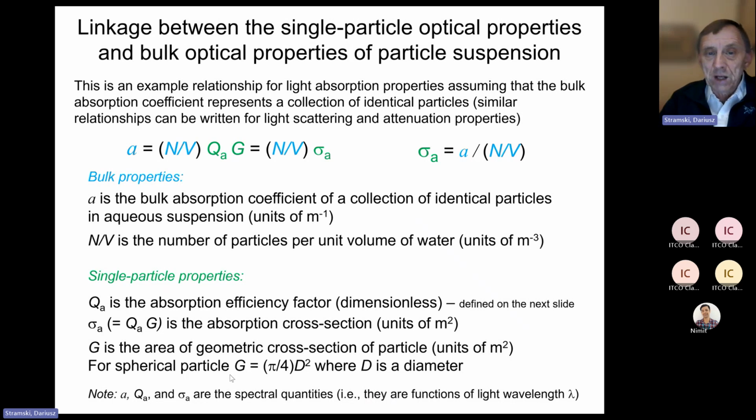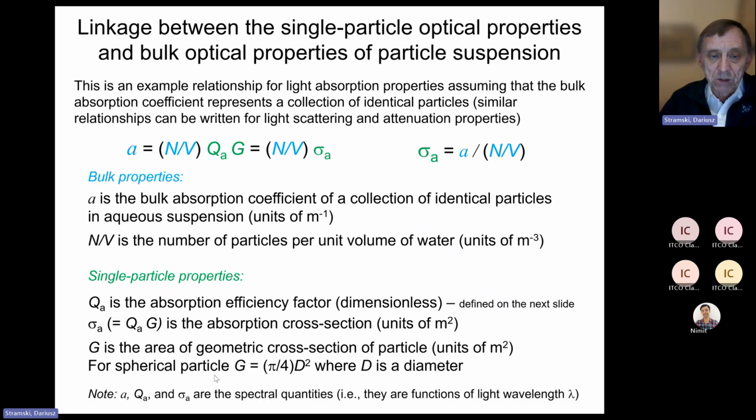So for much of our discussion, we will assume a simple model just to make our discussion simpler. We will assume spherical particles just to understand the concepts in a more straightforward manner.